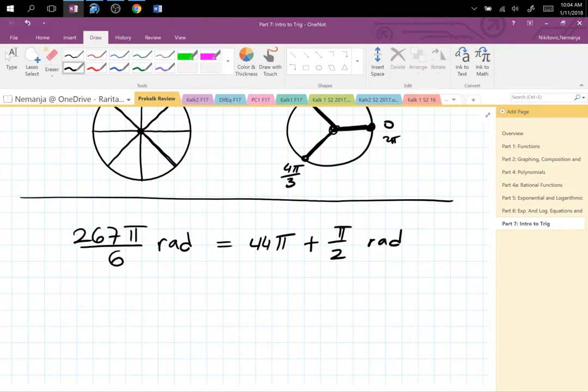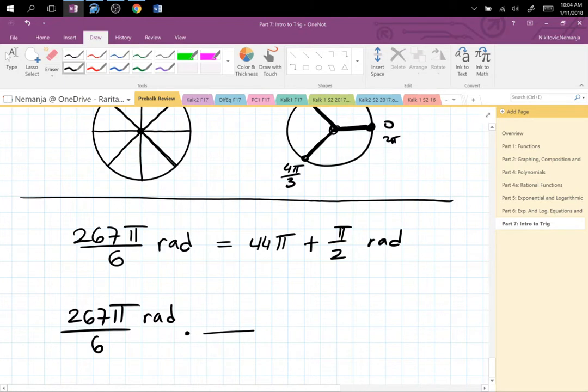Now, some students would be interested in just the straight conversion, especially engineers, mechanical engineers would be interested in converting this into degrees directly. The 267 pi over 6 radians. Now, the way you convert this is, and technically you'll see this conversion in chemistry all the time, not with degrees, but with other units.